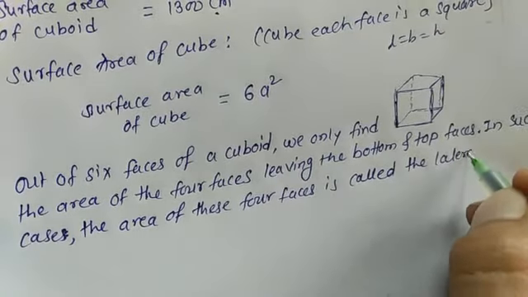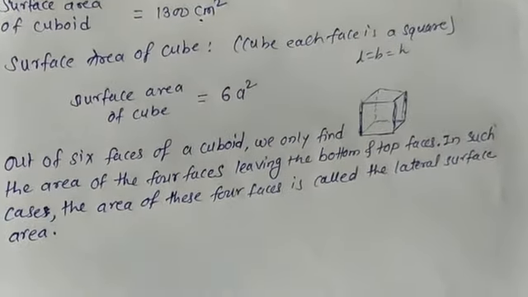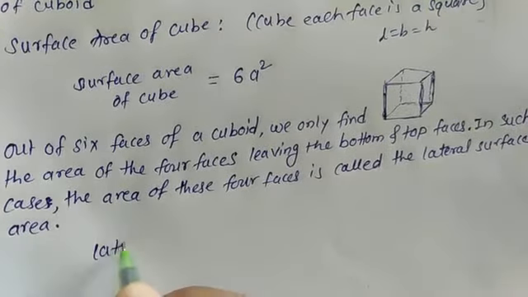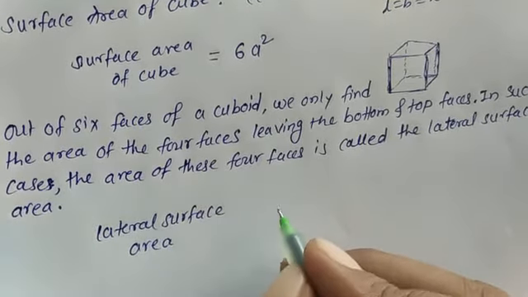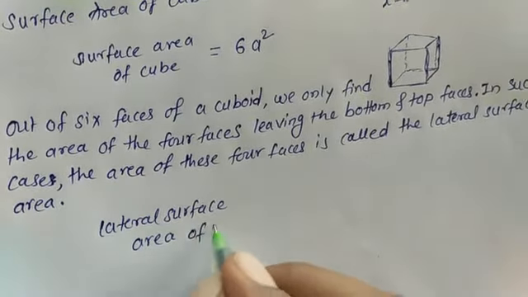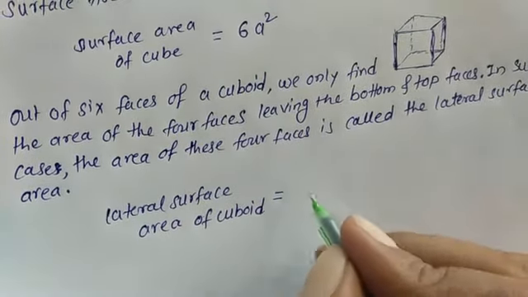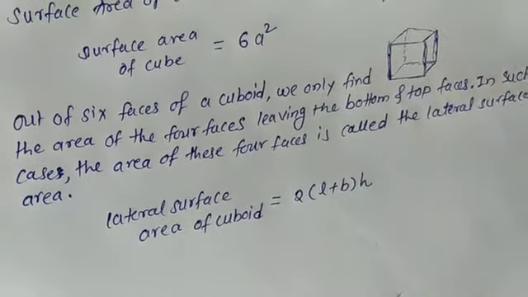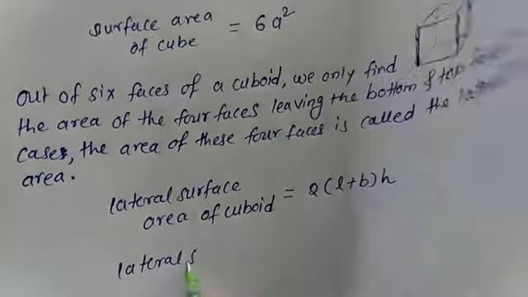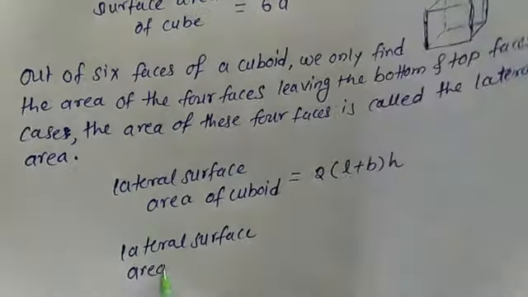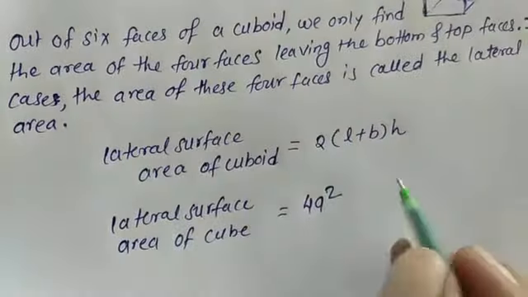The formula for the lateral surface area of a cuboid is equal to 2 into bracket length plus breadth into height, and the lateral surface area of a cube is equal to 4a square, because there are only 4 sides.